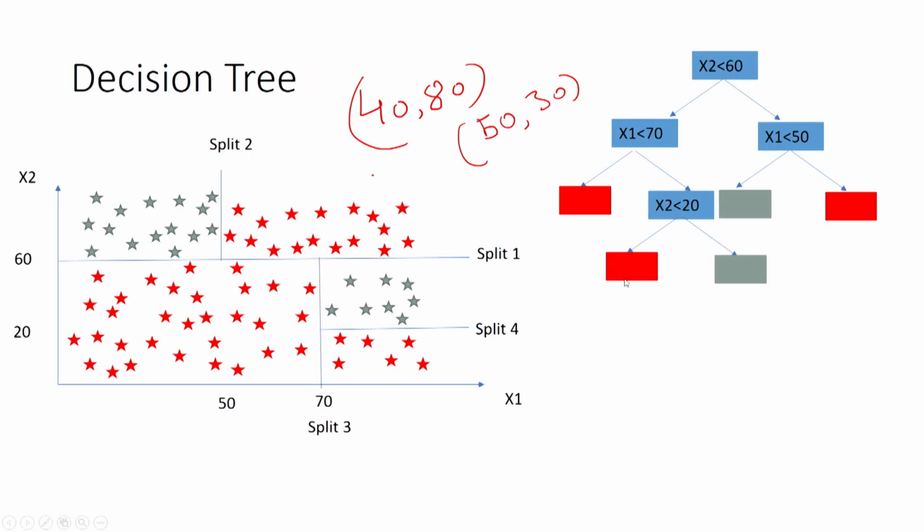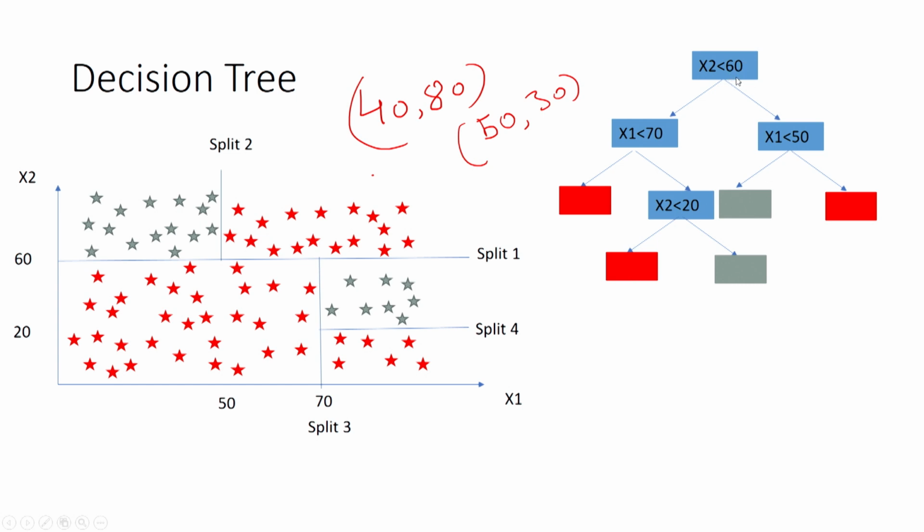Because you see here, we can say that now the rule is: any instance can be read if x2 is less than 60 and x1 is less than 70, or x2 is less than 60 and x2 is greater than or equal to 70 and x2 is less than 20.